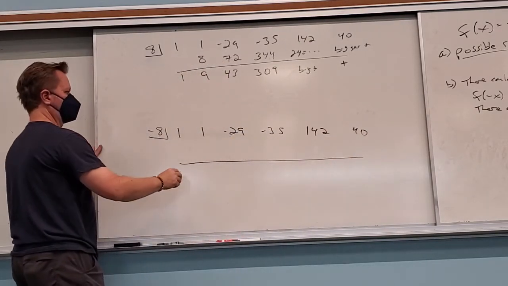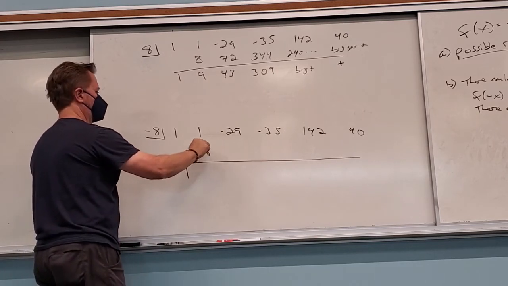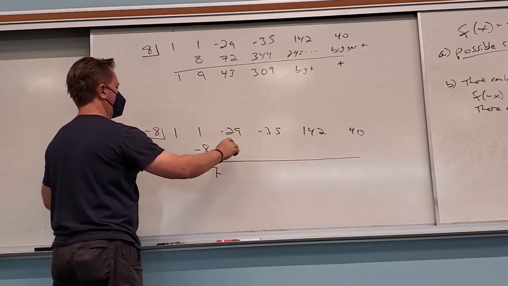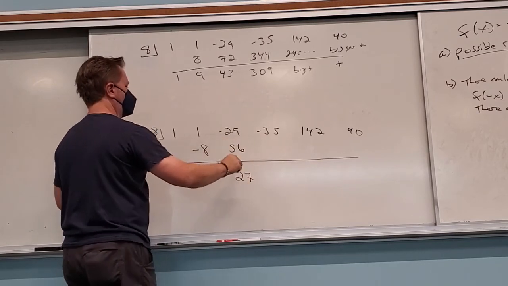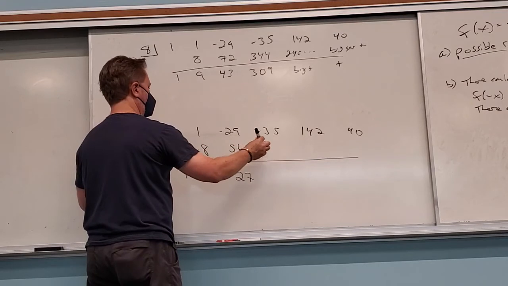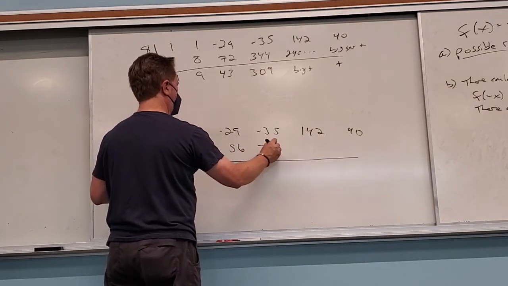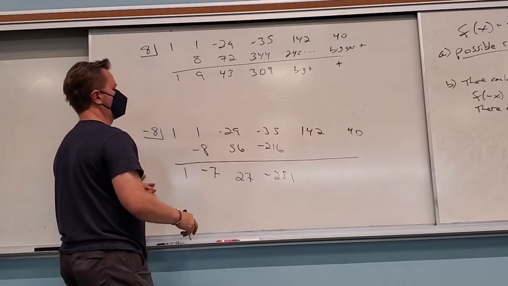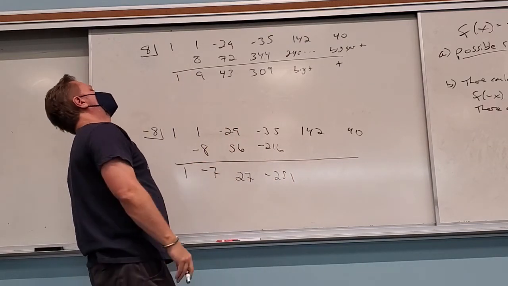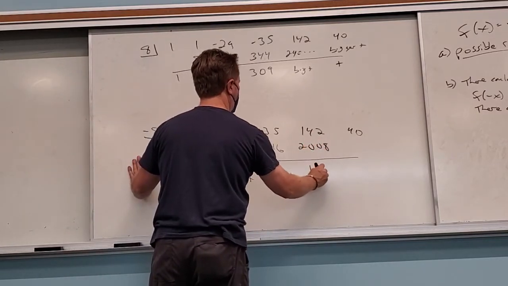Let's see. So at the beginning, I want you to be specific. Is that right? Sounds right. So negative 216, thank you. So that's negative 251, and negative 8 times that is like 2008, that's big positive.